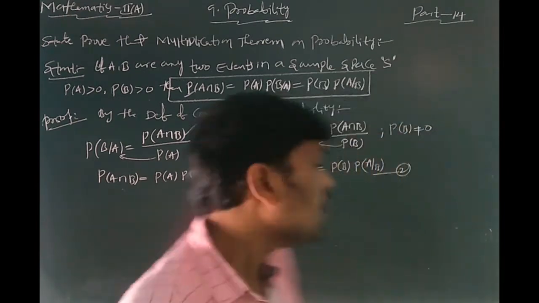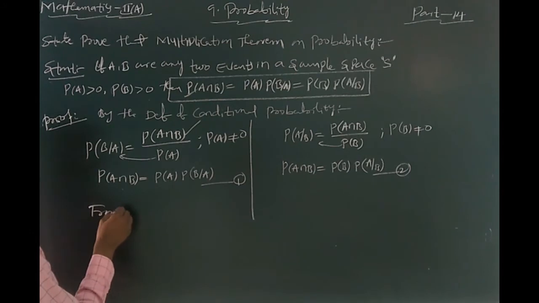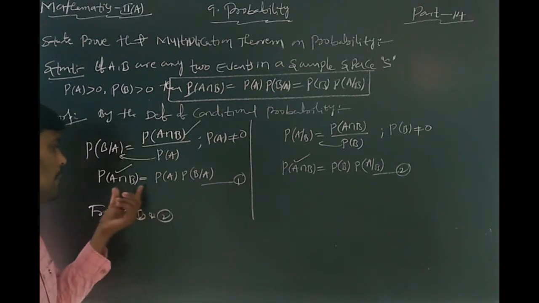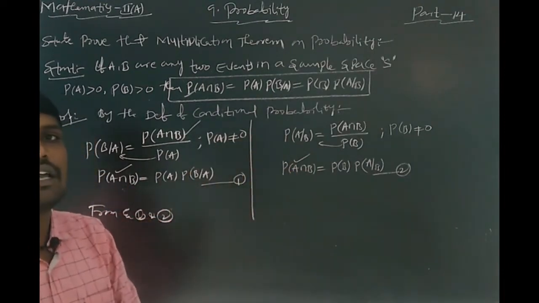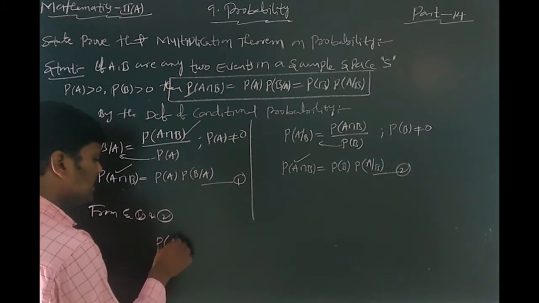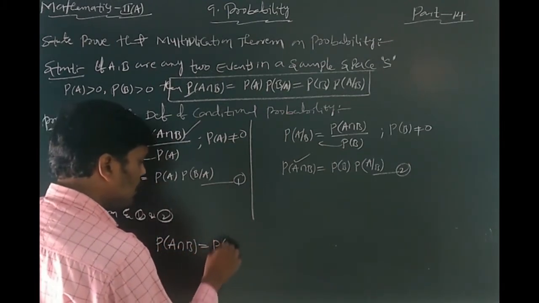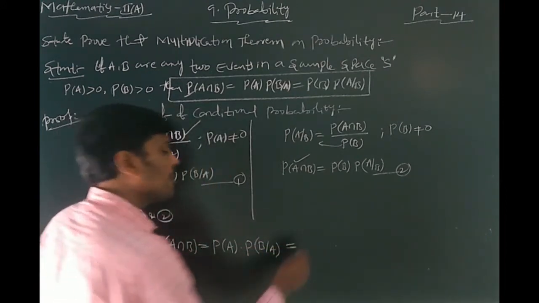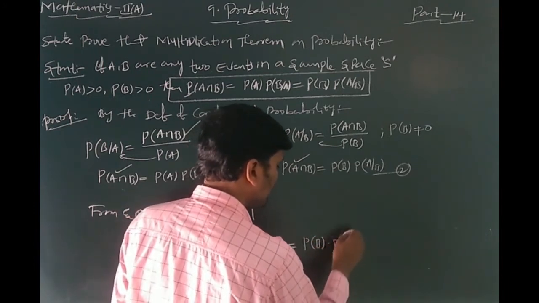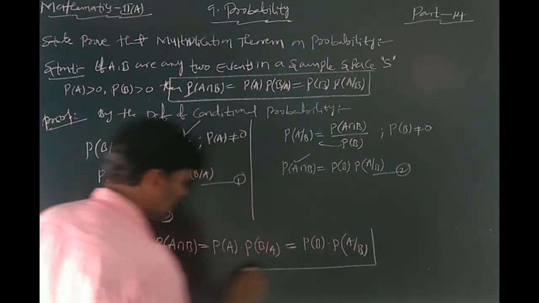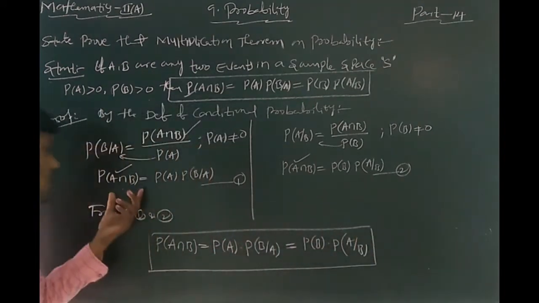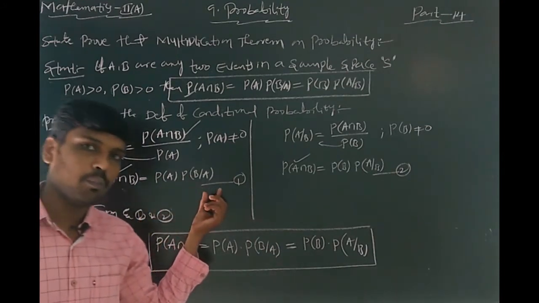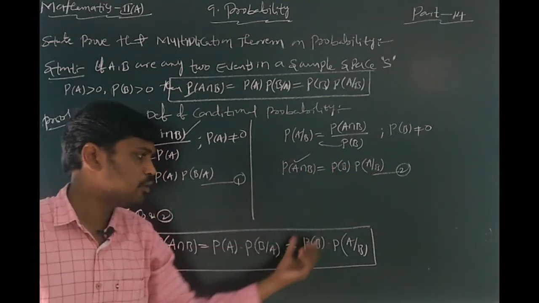Okay, students. From equation 1 and equation 2, which parts are equal? The LHS is equal: P of A intersection B here, and here also P of A intersection B. So you can write P of A intersection B equal to P of A into P of B by A, which is equal to P of B into P of A by B. Understood or not?